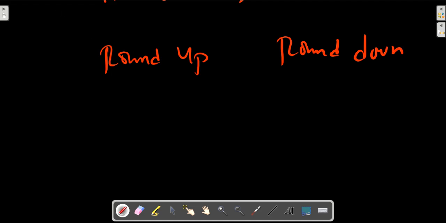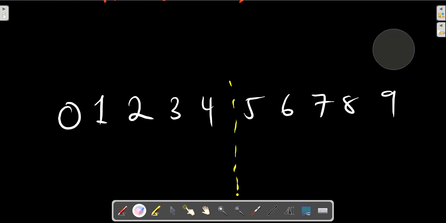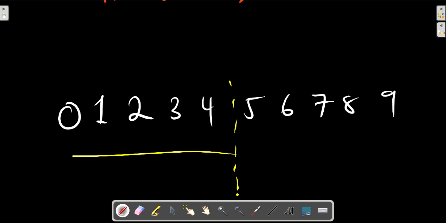Let's take a look at the scale of numbers, ranging from 1, 2, 3, 4, 5, 6, 7, 8, 9. I'm going to divide this scale into two parts. On the left side of the scale, numbers on this side are to be rounded down.